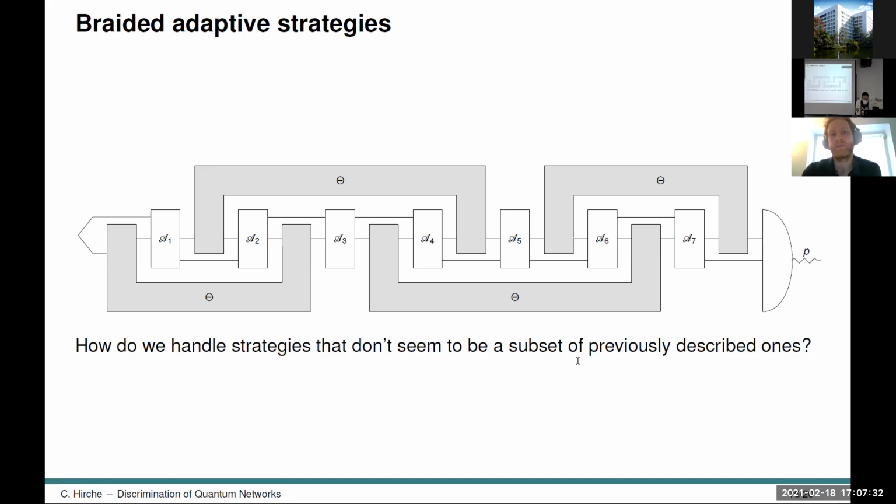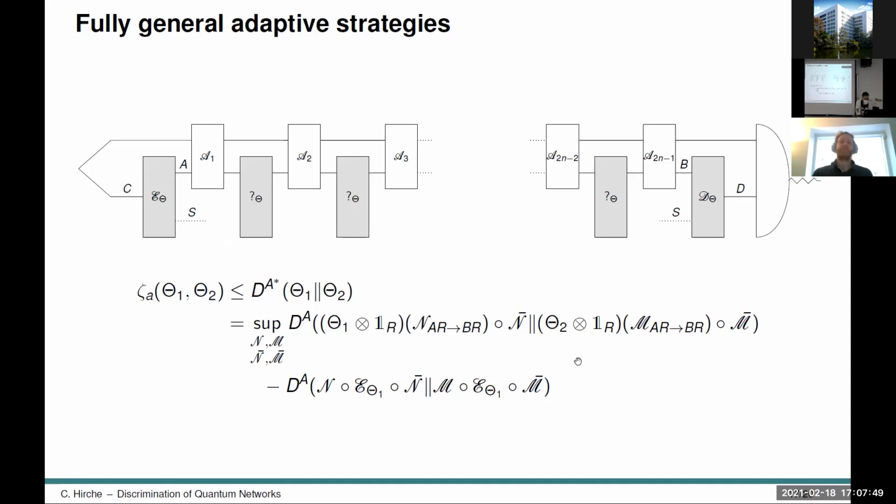So, if you want to be as general as possible, we still have to handle these quantities separately. And now, to really make a sweep for all of the possible strategies, what we define is a fully general adaptive strategy.